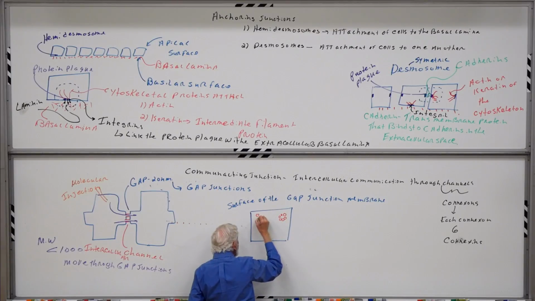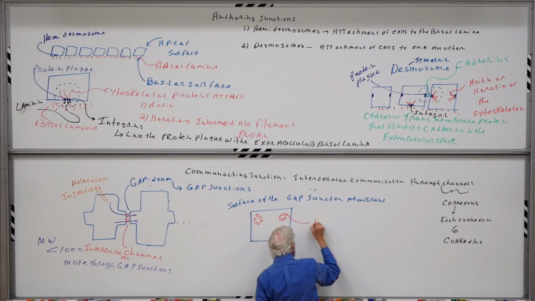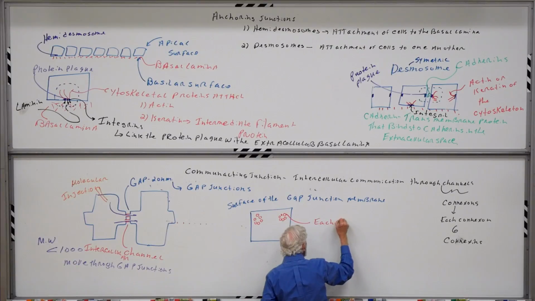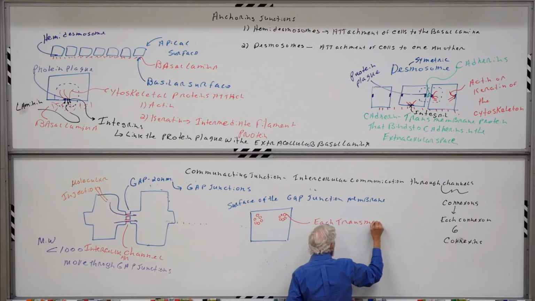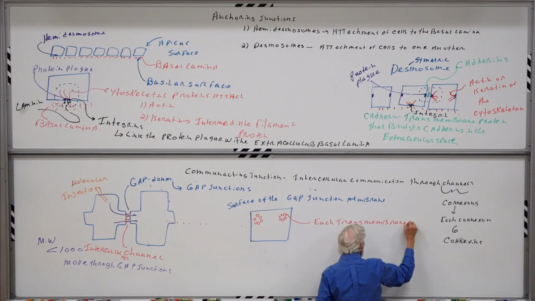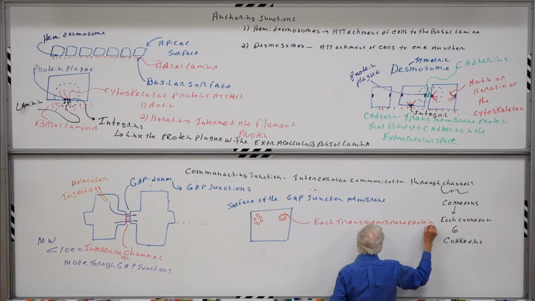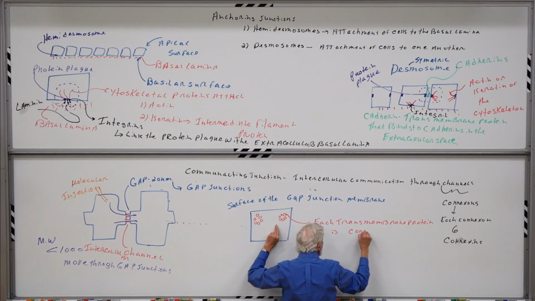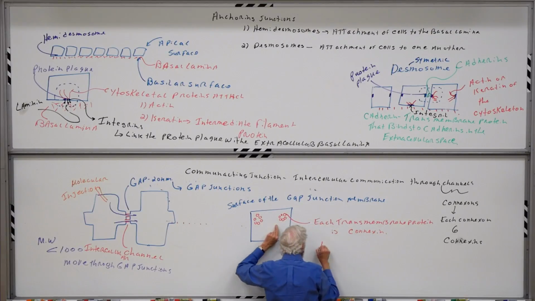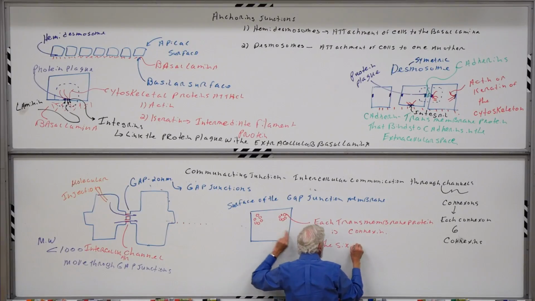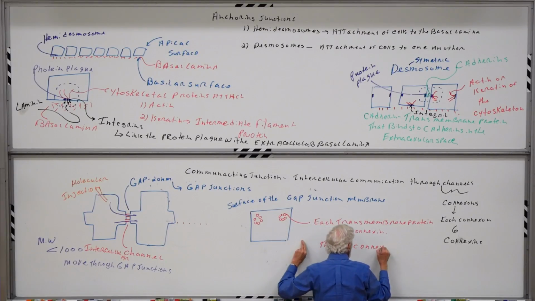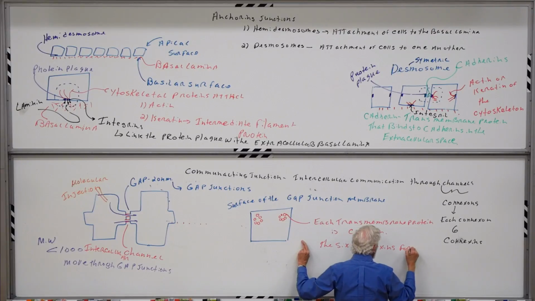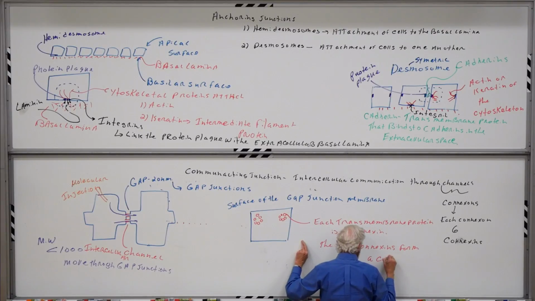We see that there are these 6 proteins arranged in a circle. Each of these proteins, each transmembrane protein, is known as a connexin. The 6 connexins form a connexon.